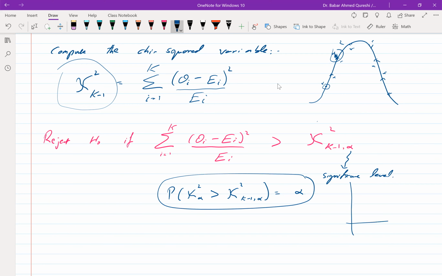So the chi-square variable is something like this, and you are just looking at this tail with area alpha, and this critical value is chi k alpha. So pretty easy to do.